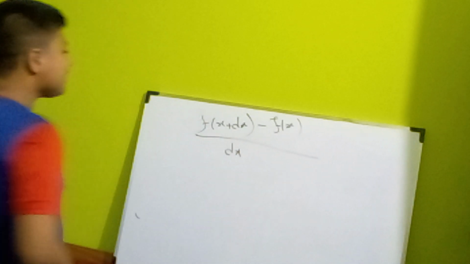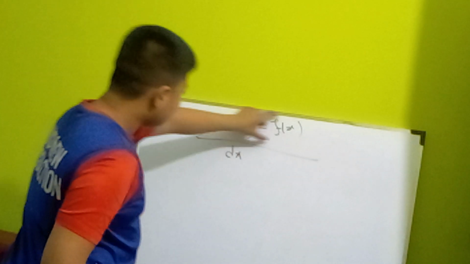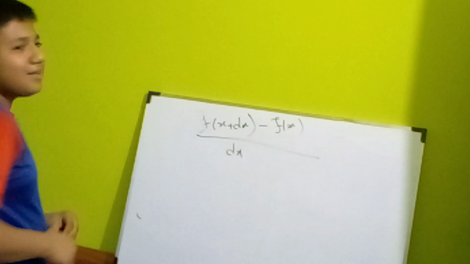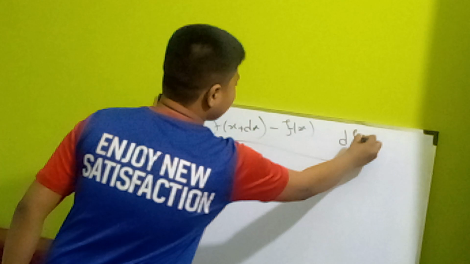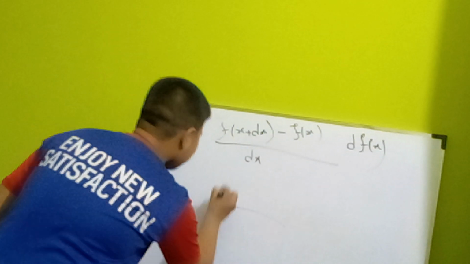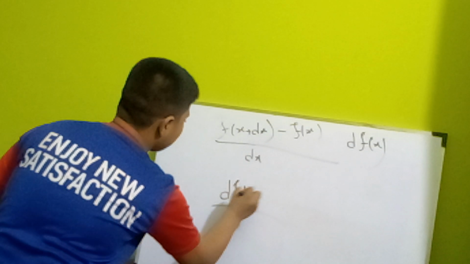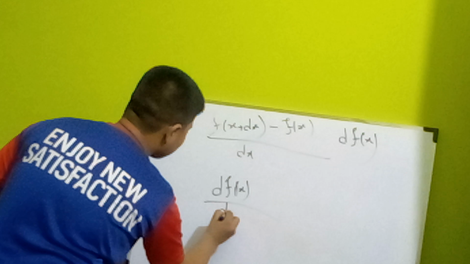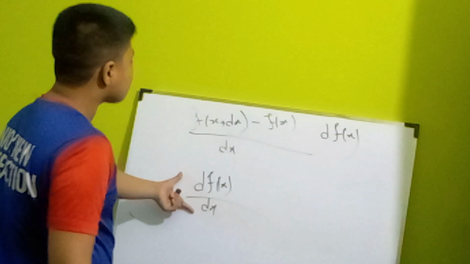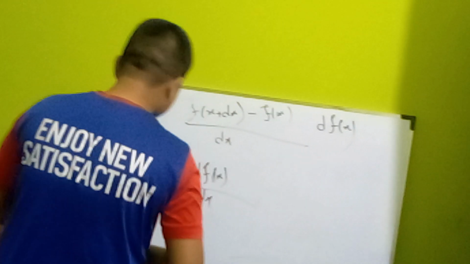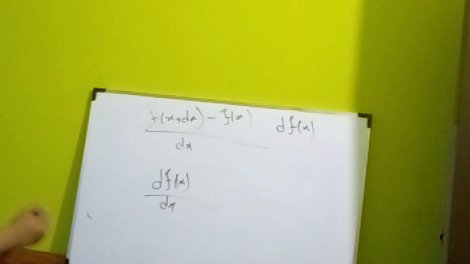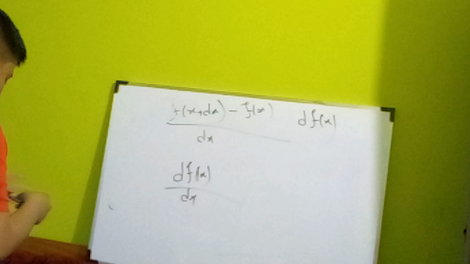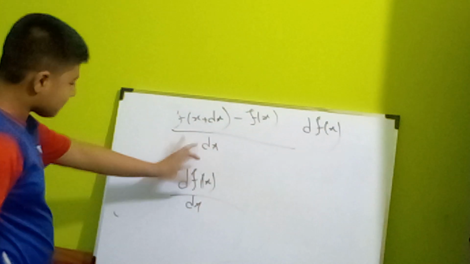So we can see that this numerator here is also a small change in the function of x. Now we can write it this way, d of f of x divided by dx. But this doesn't work for all formulas, so we're going to be using this for calculating the derivative. But that's the general idea.